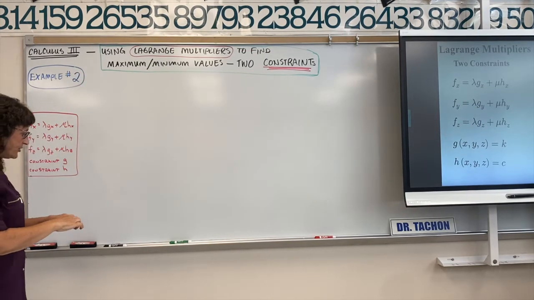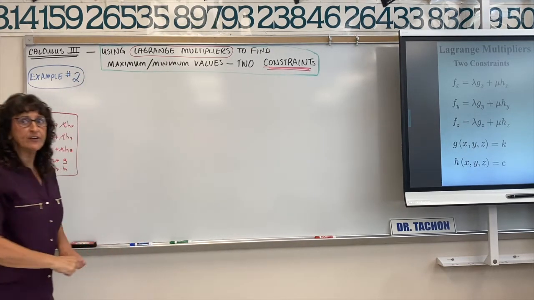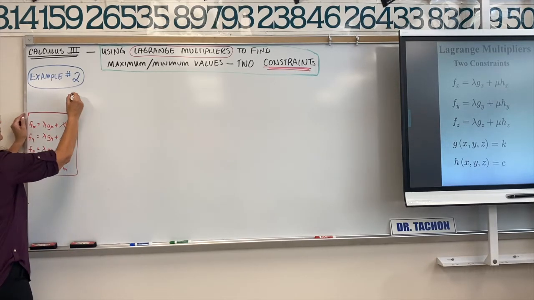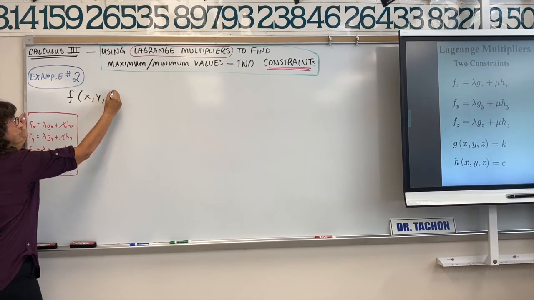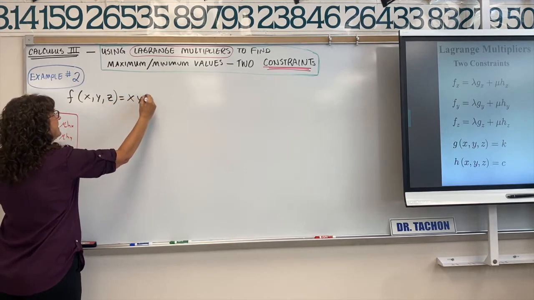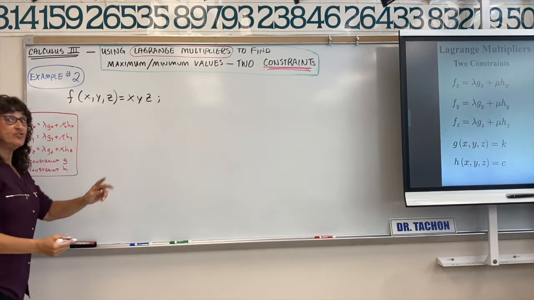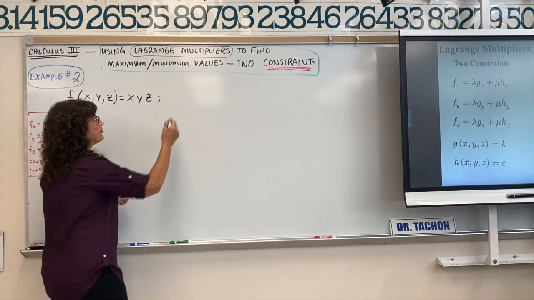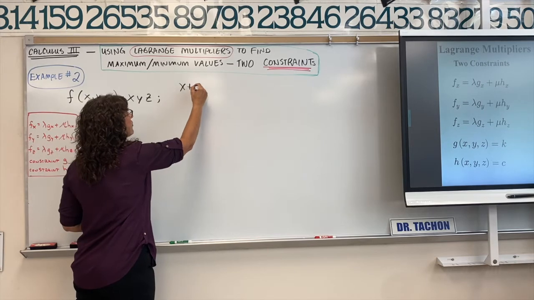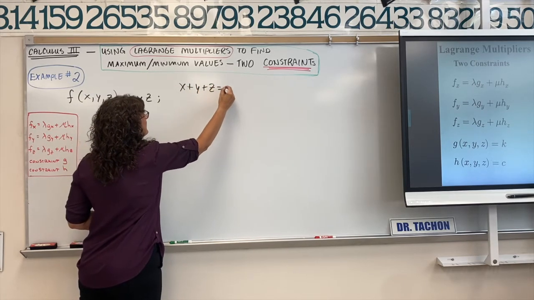Our multivariate function for example number 2 is a function of 3 variables: x times y times z, subject to 2 constraints. Our first constraint is x plus y plus z equals 32.